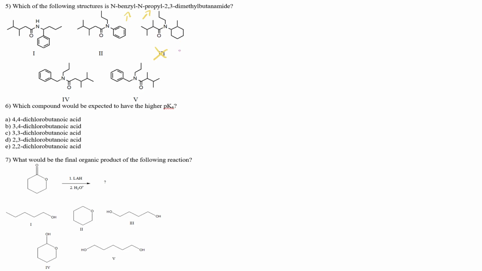And if you need help realizing what a benzyl is, let's just say that this weird letter right here is some compound. We have a carbon right here, and this carbon has a benzene ring on it. Now this is a benzyl, okay? Because this benzene ring has to use a carbon as a bridge to get to this weird letter.